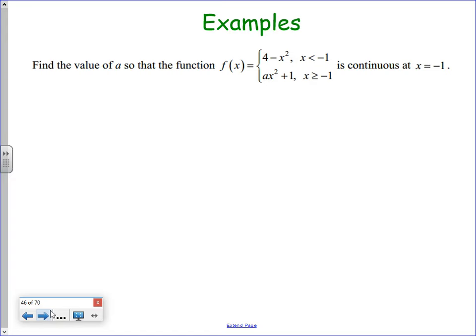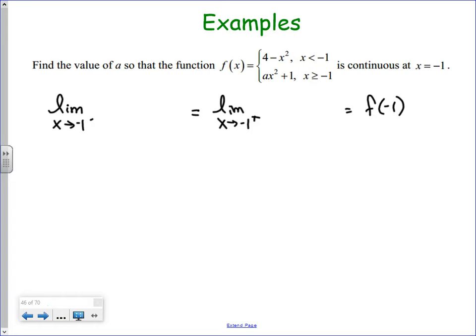So I need to look at, in order to be continuous, coming from -1 below needs to equal coming from -1 above needs to equal f of -1. Why have I left this part blank? Because I want us to choose the correct piece for -1 below. Another way of saying below is less than.